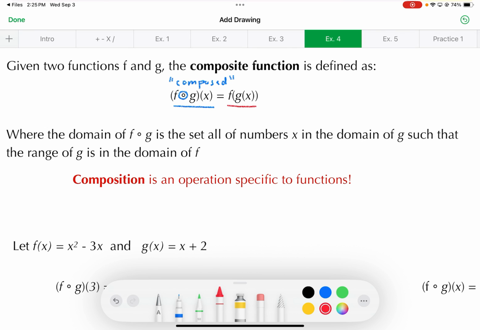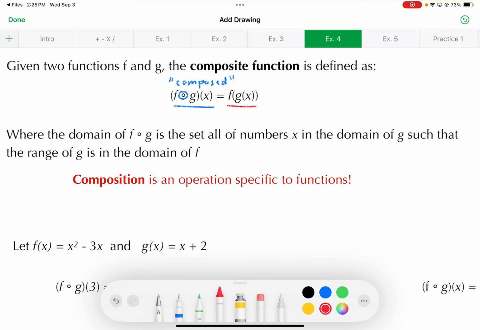Okay? It says the domain of the composition is the set of all numbers x in the domain of g, such that the range of g is in the domain of f. That's kind of tricky.